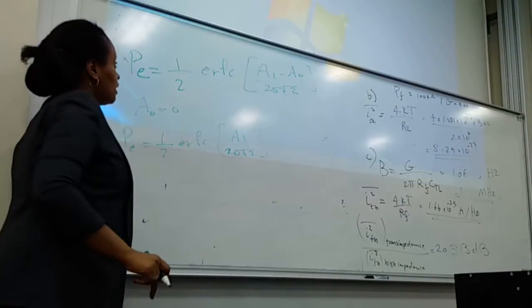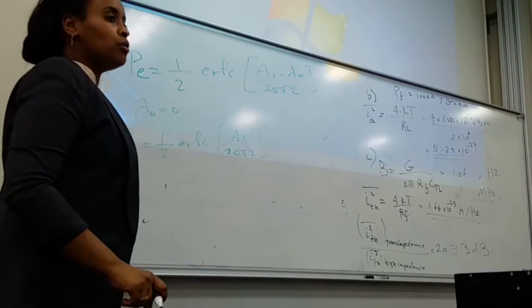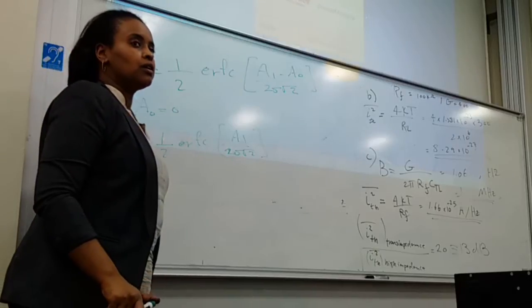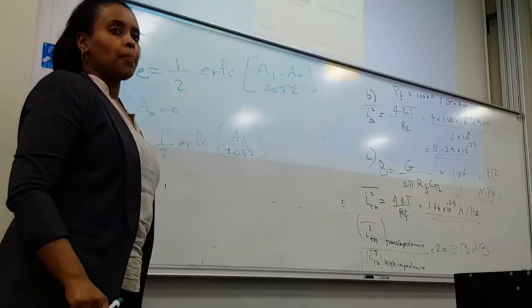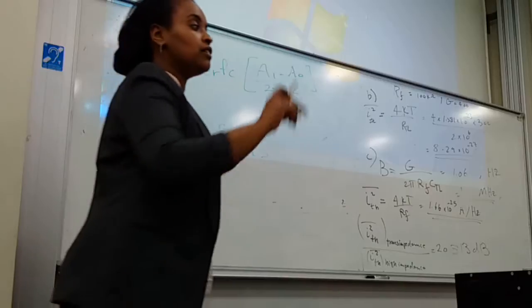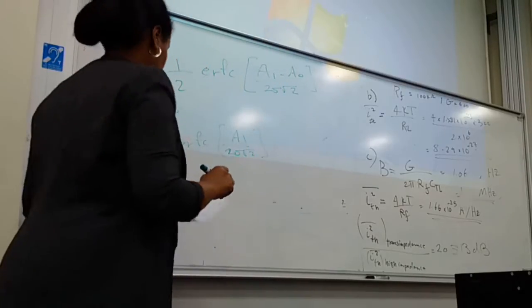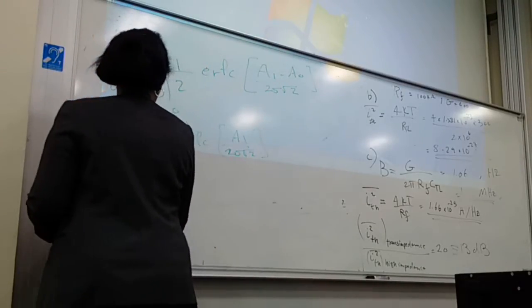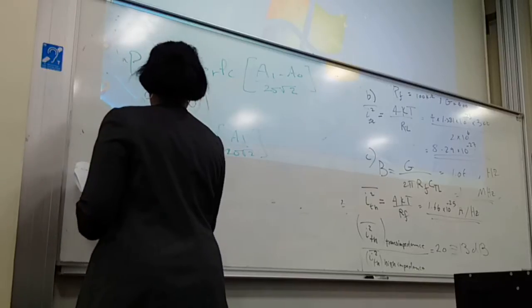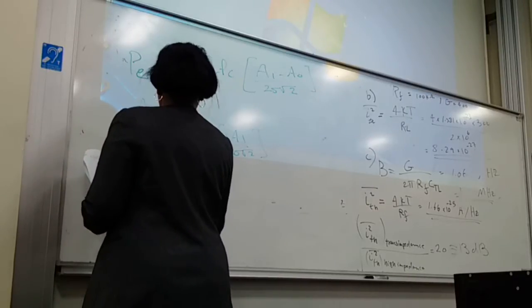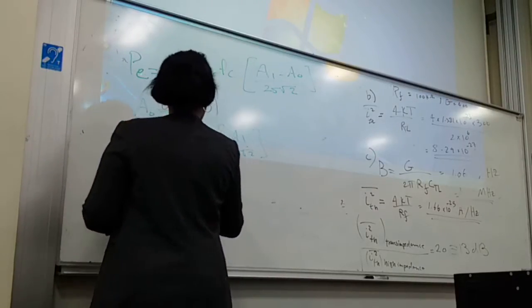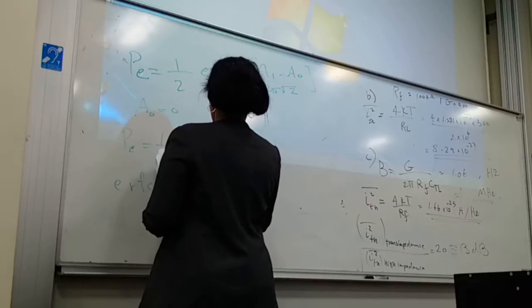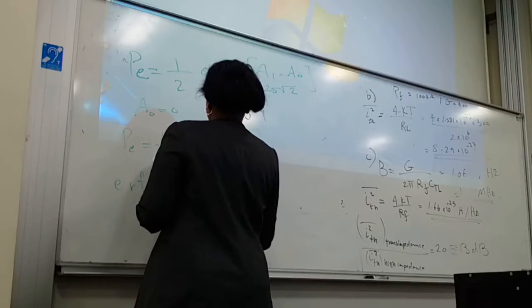How do we get the complementary error function? We made an assumption for it. We said that there is a good approximation, where the complementary error function of x is given as 2e to the power minus x squared over x.